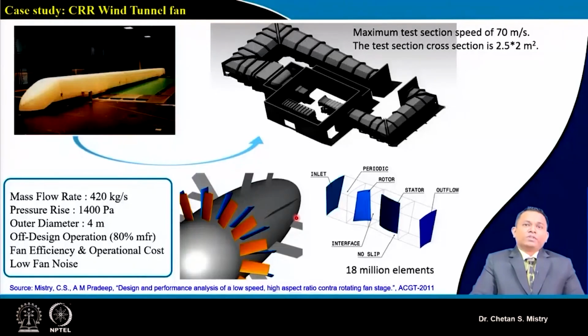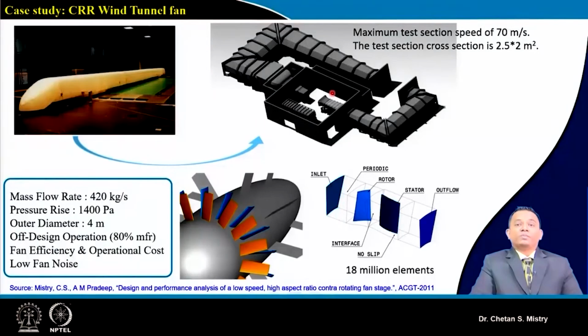This is the case study we discussed in our week 11, the design of a wind tunnel fan. We already discussed this at the IIT Kharagpur Center for Railway Research. We are developing this closed loop wind tunnel.